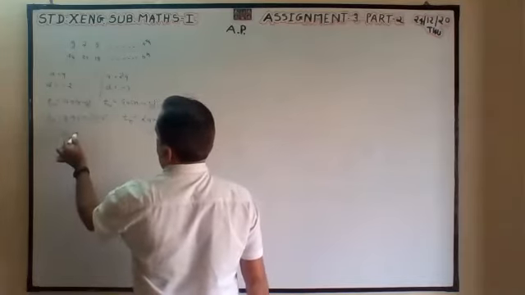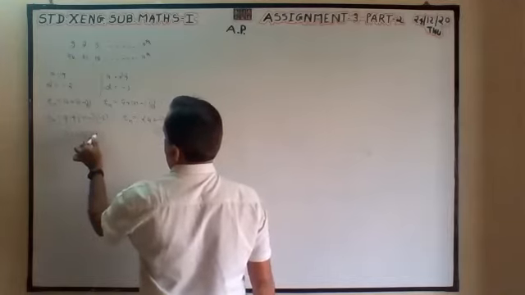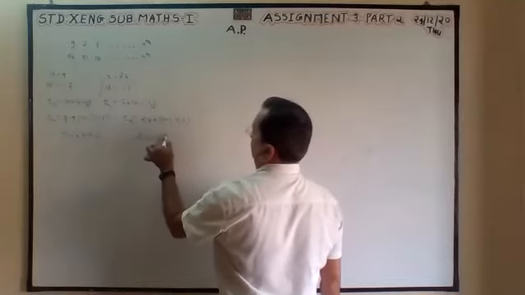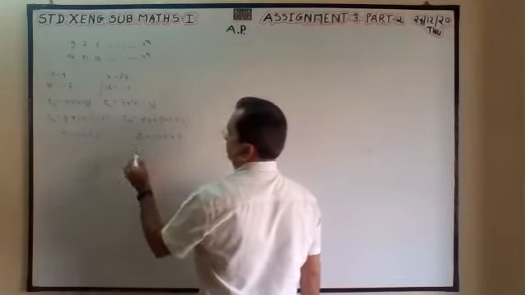That gives 9 minus 2n plus 2, and 24 minus 3n plus 3.